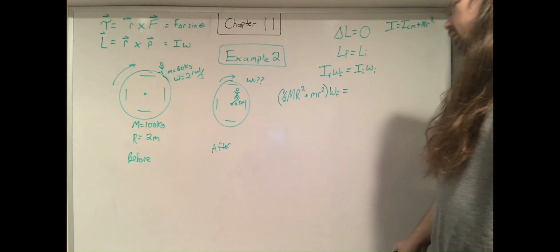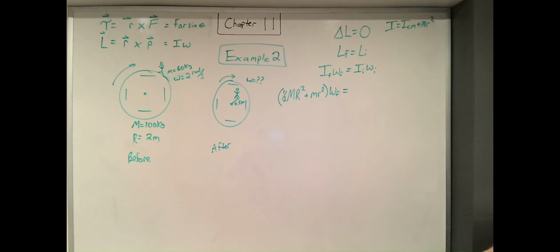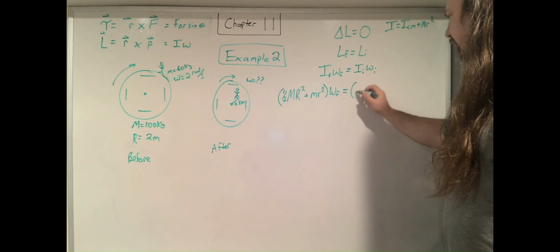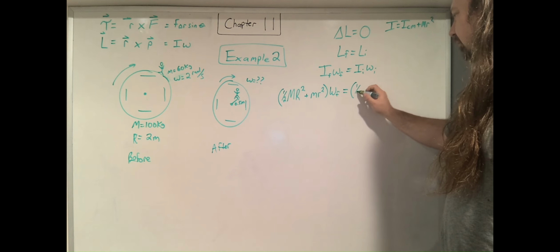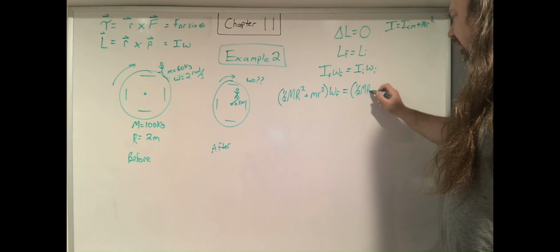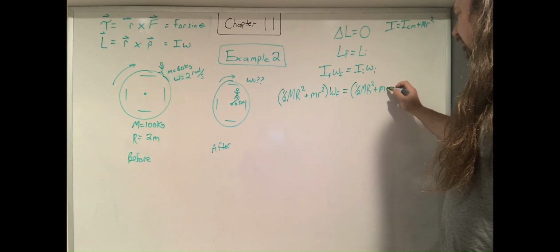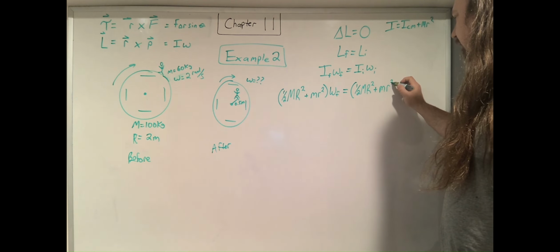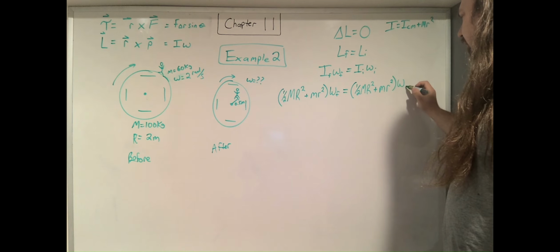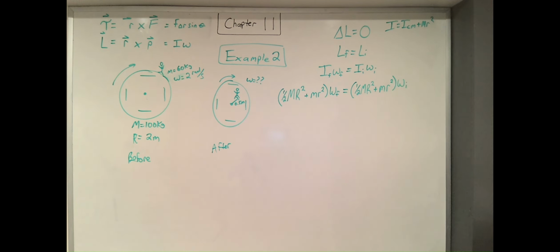Now let's look at the moment of inertia initial. It's going to be pretty similar. We use the parallel axis theorem, 1/2 MR squared for the merry-go-round, plus one person at a radius r, and then that's multiplied by the initial angular velocity.